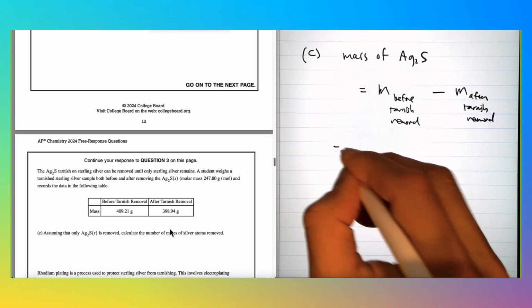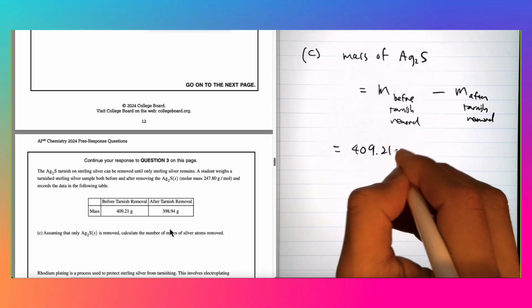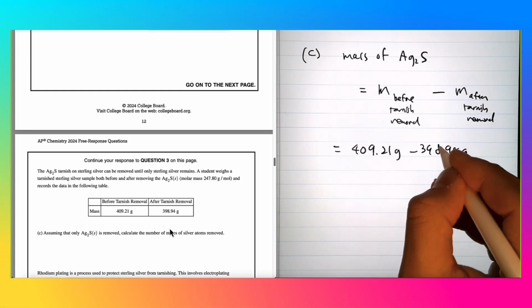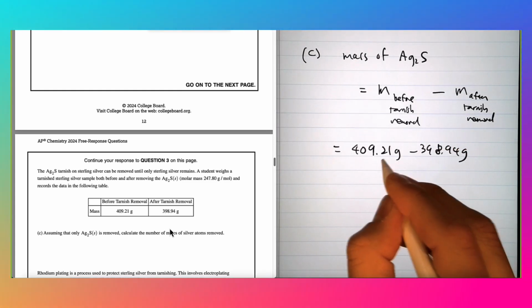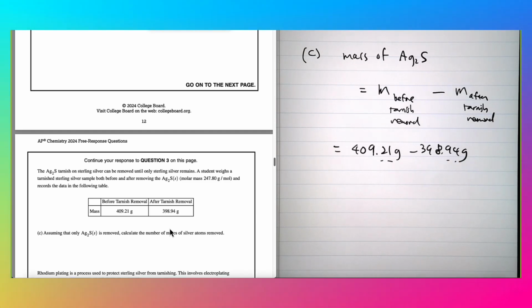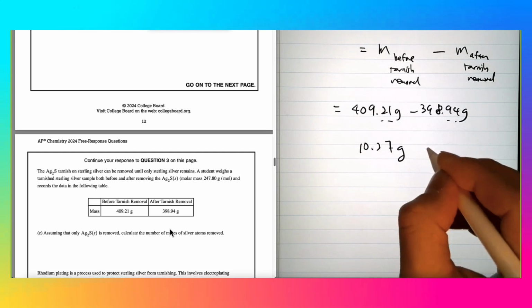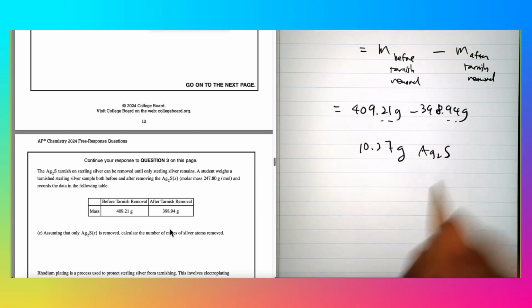So 409.21 grams minus 398.94 grams. Now for significant figures, we have 2 decimals, so we need to keep 2 decimals. So 409.21 minus 398.94 gives me 10.27 grams of Ag2S.